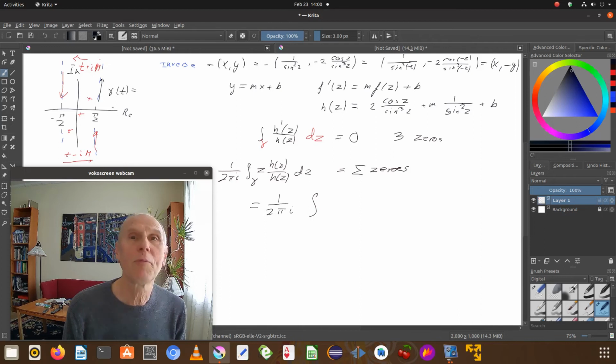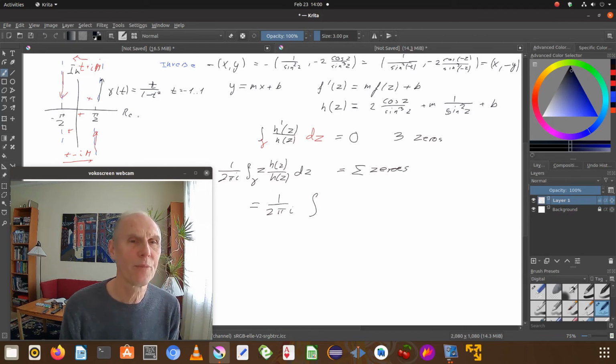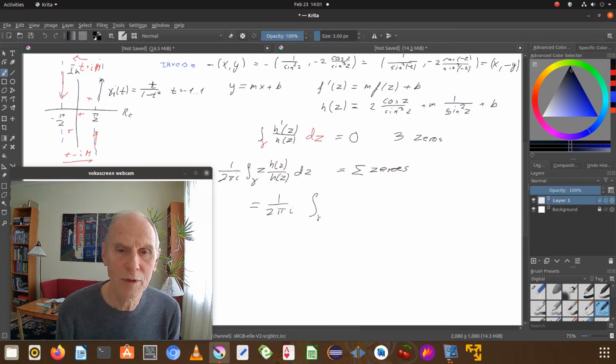And I have prepared this, so I'll immediately write it as t divided by 1 minus t squared, where t goes from -1 to unity. Let's call it curve 1. Gamma 1 of pi.